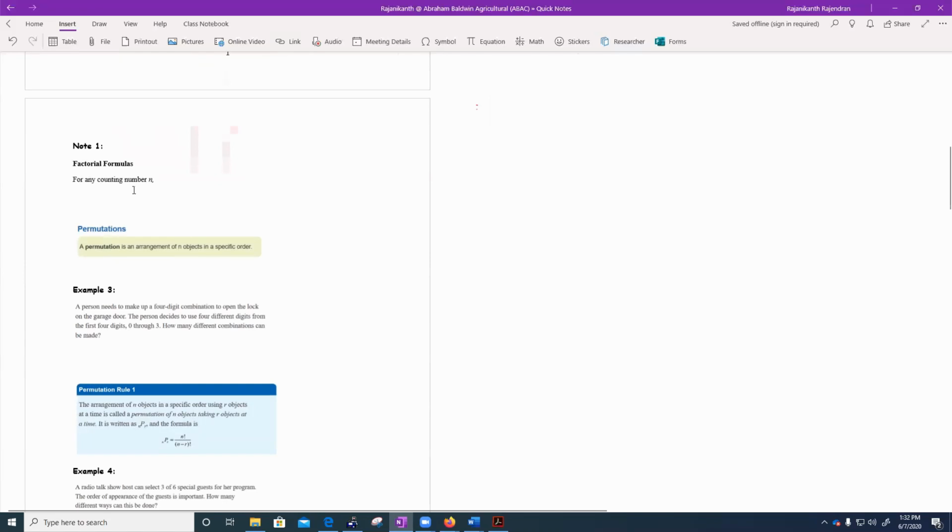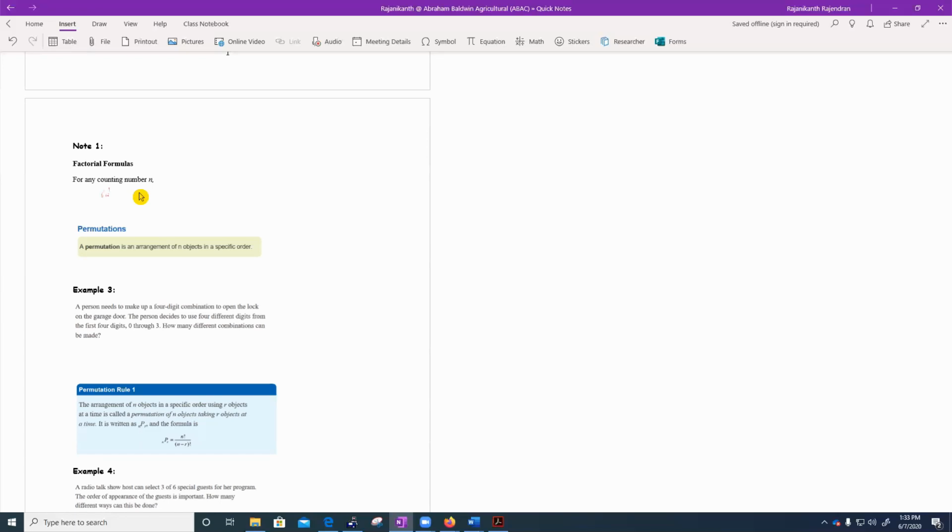There's a note. Okay. Factorial formulas. For any counting number n, suppose we have n, the whole number, then the factorial of any given whole number is given by n with this exclamation notation, that is called the factorial notation.